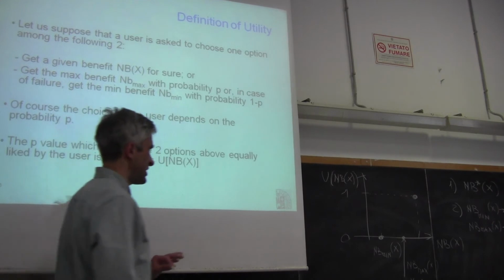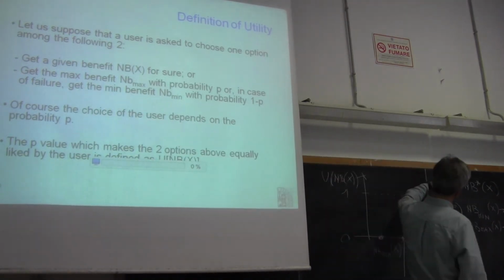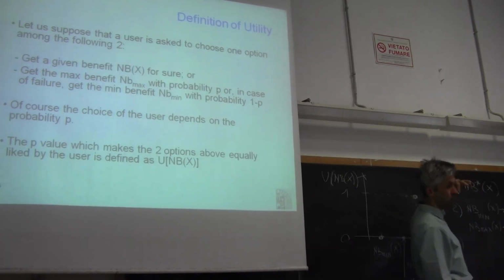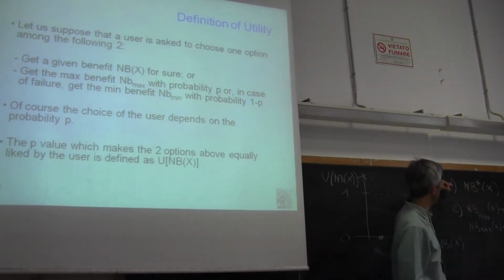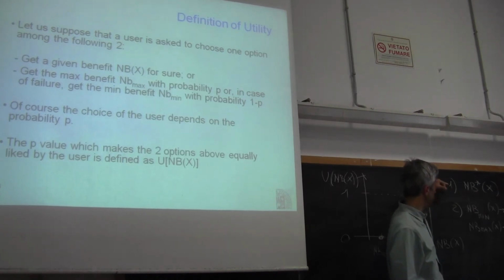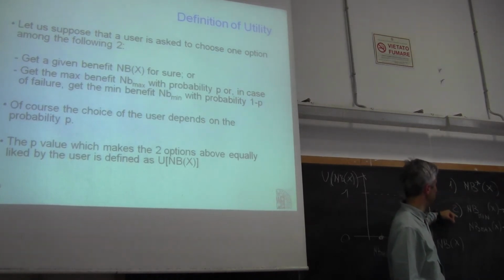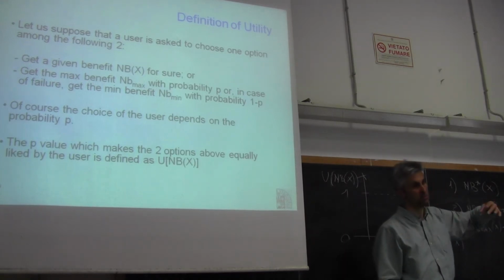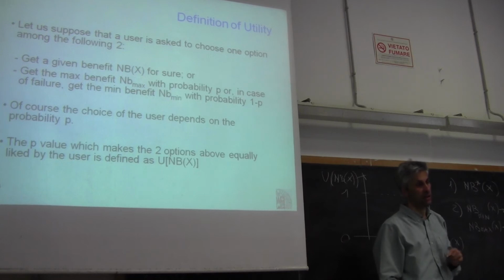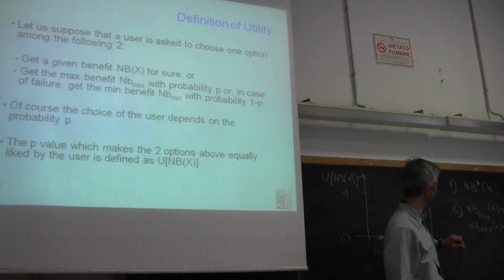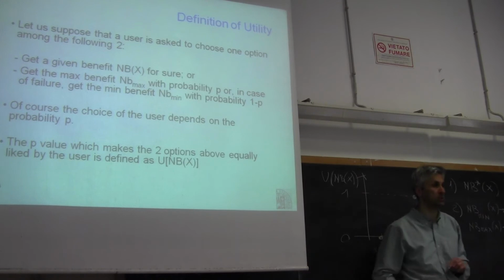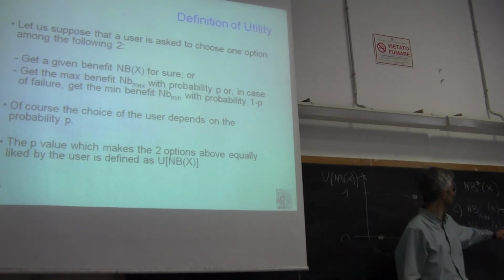So uncertainty means that if you refer to MB star, you don't have it for sure. You may have MB star, but you may also have the minimum with a certain probability and the maximum with another probability. Let's suppose that we can identify a probability p such that you get the minimum with probability 1 minus p and the maximum with probability p.